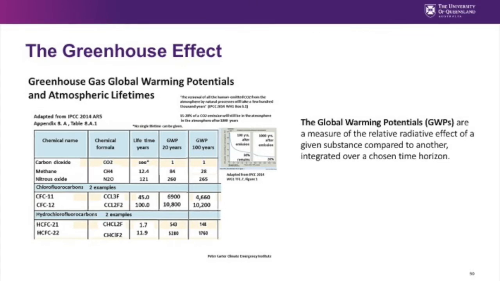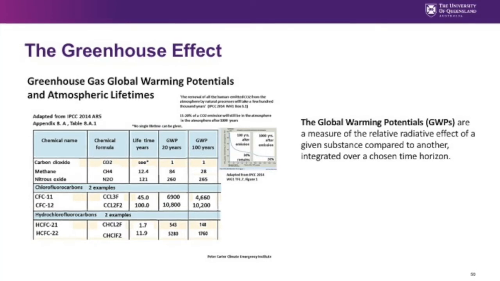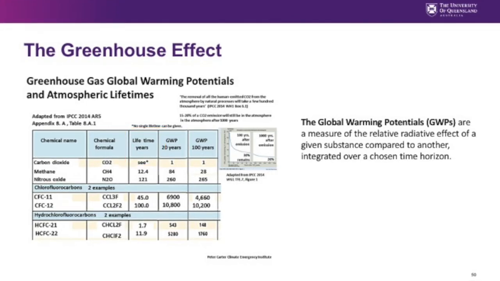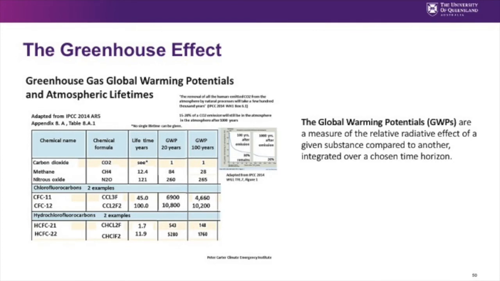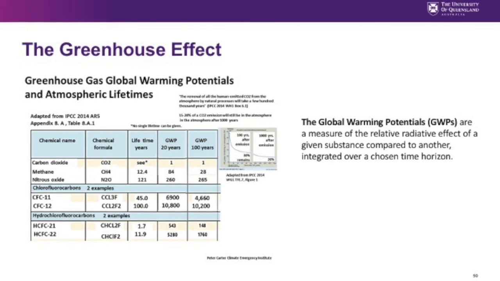We have two ways of assessing the effect of these greenhouse gases. One is the lifetime in years, and the other aspect to look at is the global warming potential. Global warming potentials are a measure of the relative radiative effect of a given substance compared to another, integrated over a chosen time horizon.